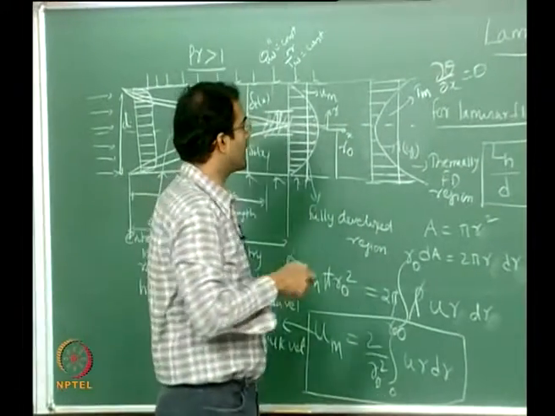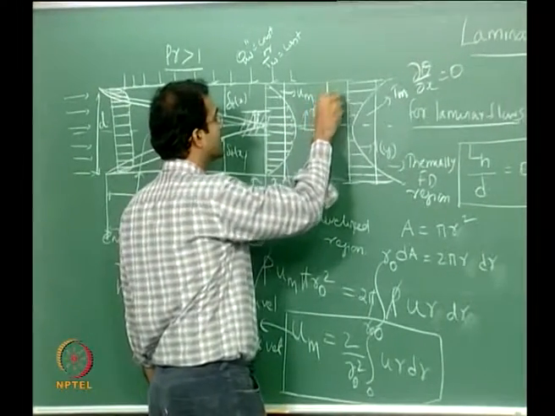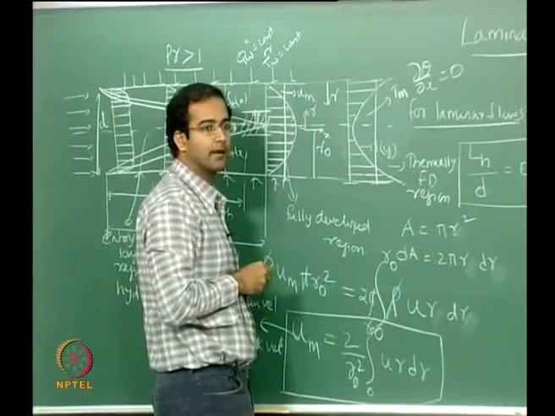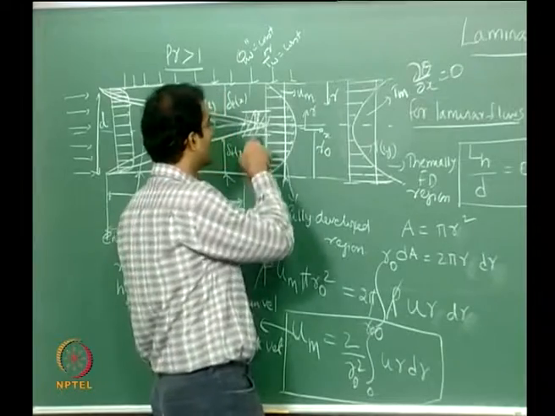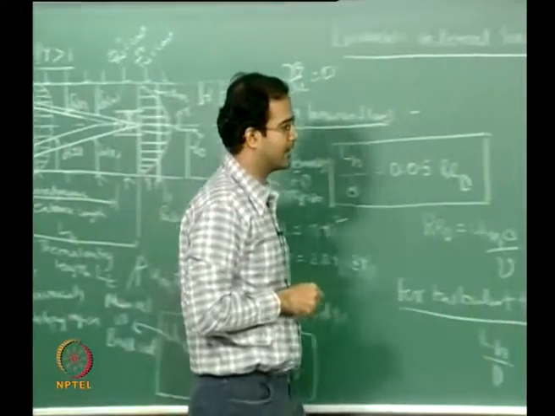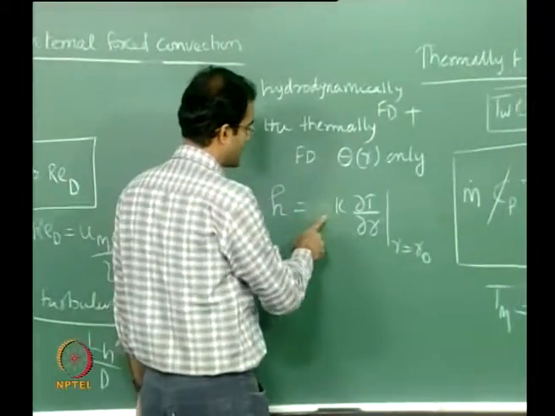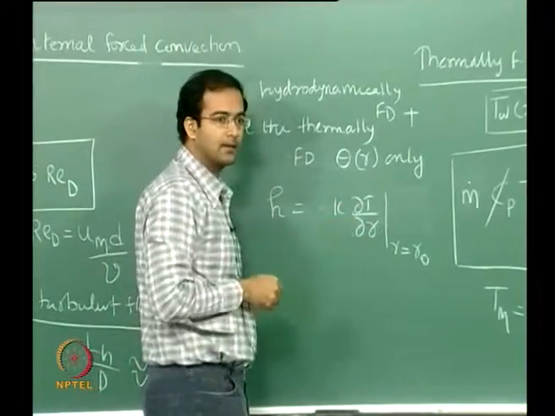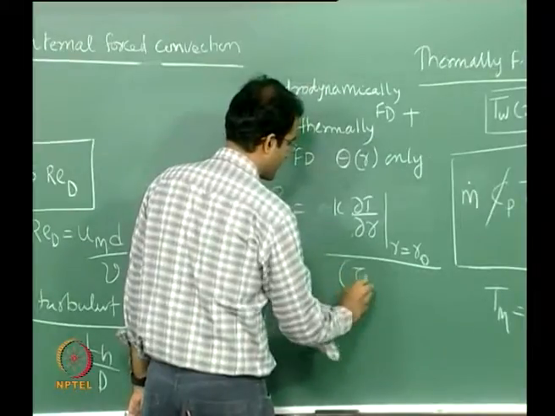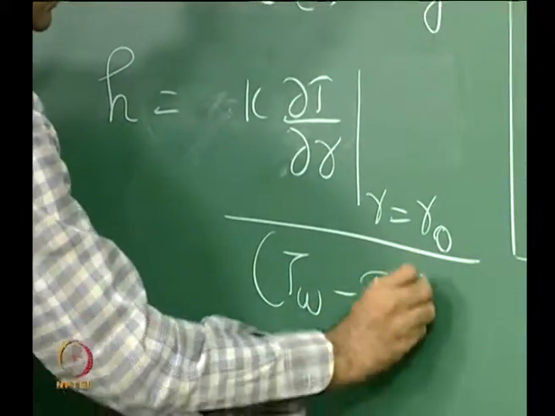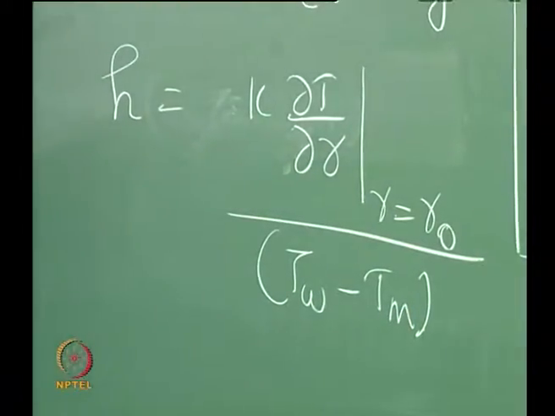Whereas if you have a coordinate from the wall, then the gradient will be negative, so you have to put a negative sign. Now your coordinate system is from the center of the duct, so you can just say this is k dT by dr at r equal to r naught, divided by T wall minus T mean. This is how you define your heat transfer coefficient for internal flows.